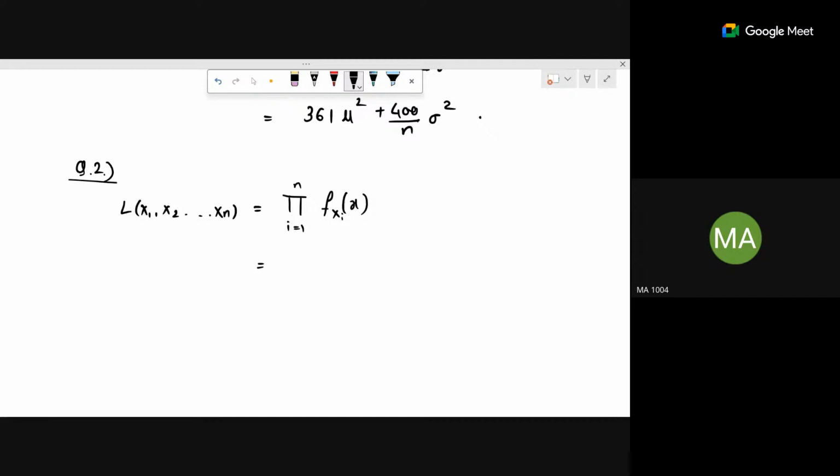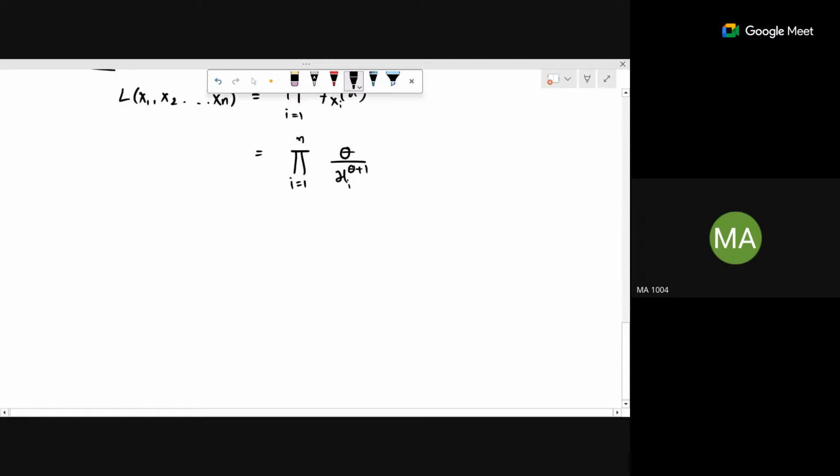So what is the density function given to us? It is theta upon x to the power theta plus 1. If we multiply it, what will we get?